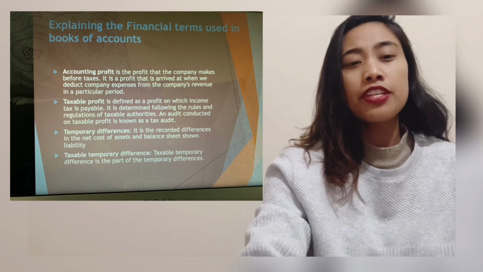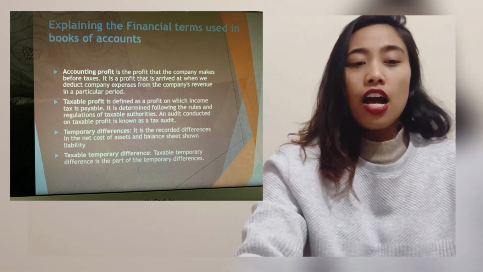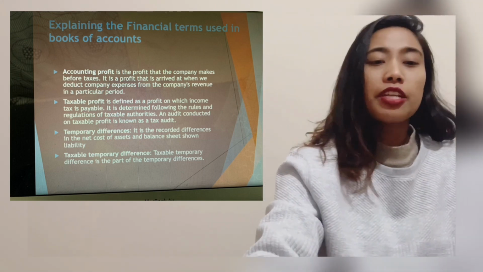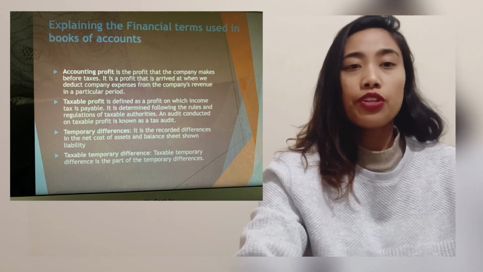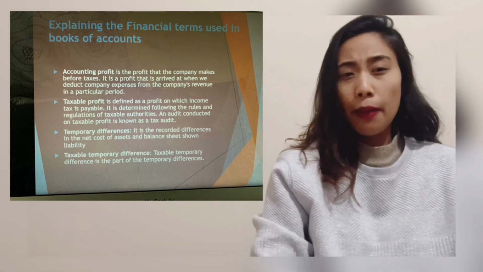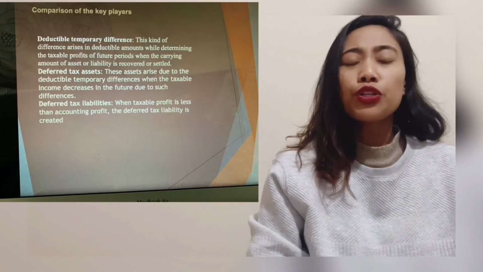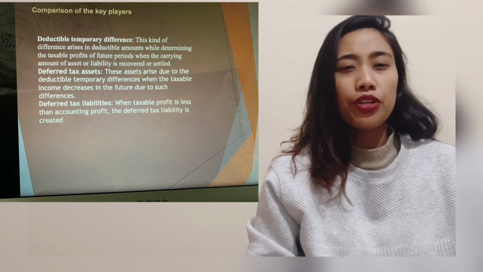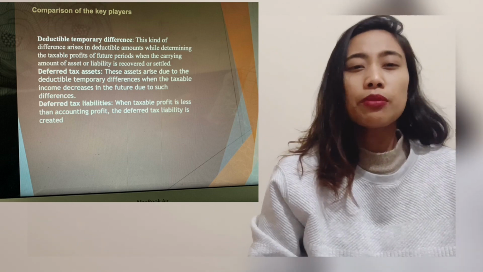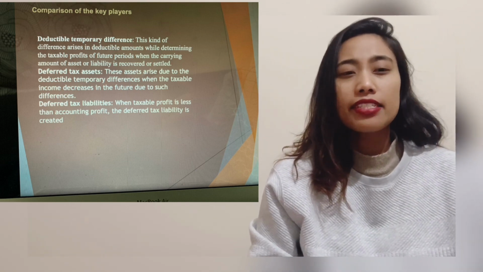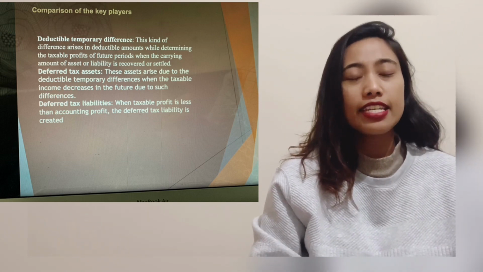as the differences in the net cost of assets and the liability shown in the balance sheet. Likewise, taxable temporary differences means the part of the temporary difference. So by comparing the key terms of the books of account, we can conclude that deductible temporary difference is the kind of difference that arises in deductible amounts while determining the taxable profits of future periods when the carrying amount of assets or liabilities is recovered.